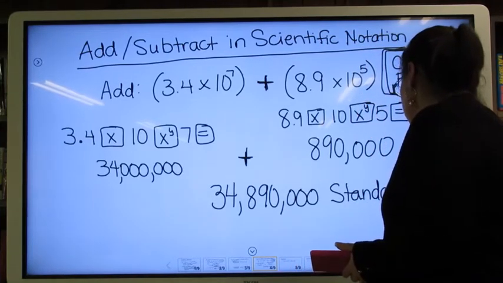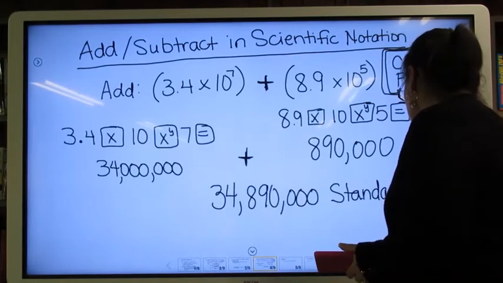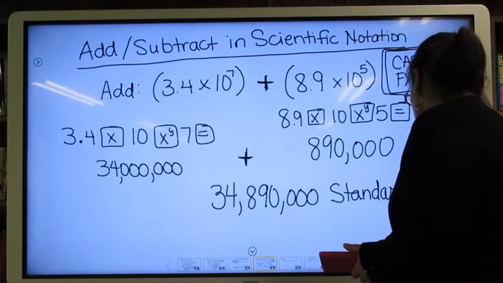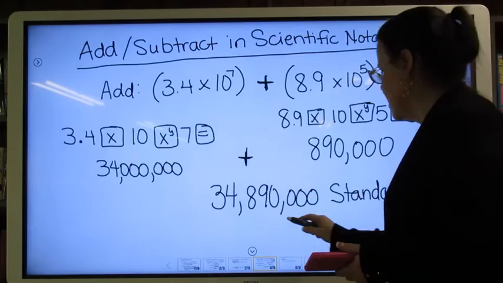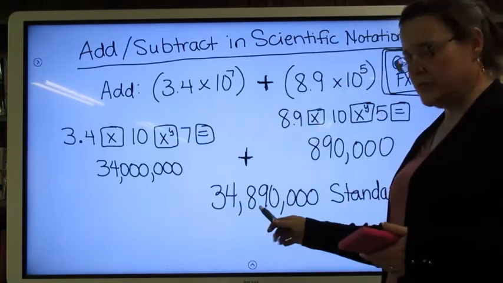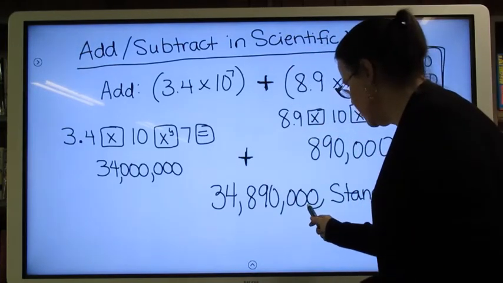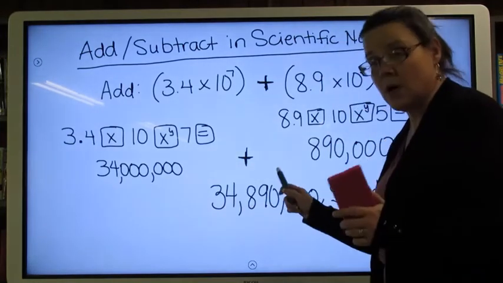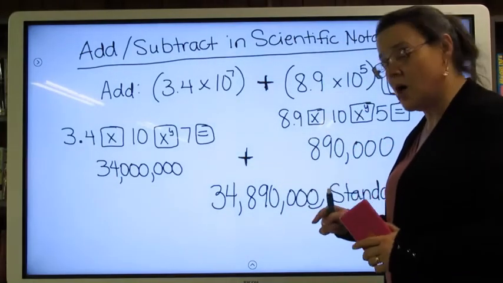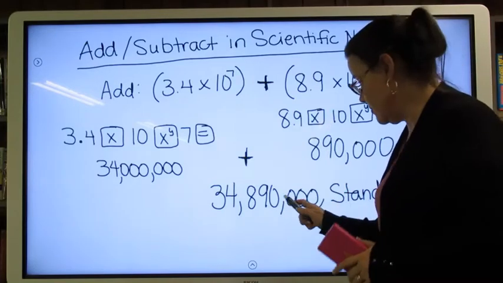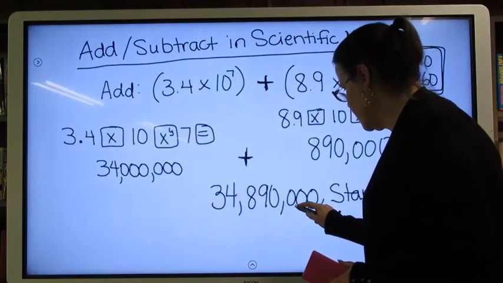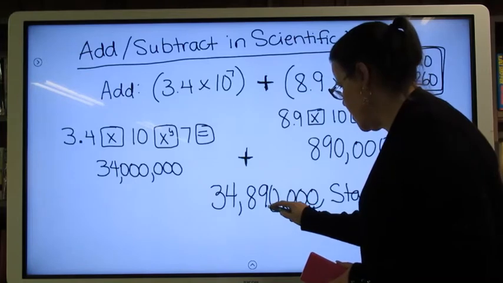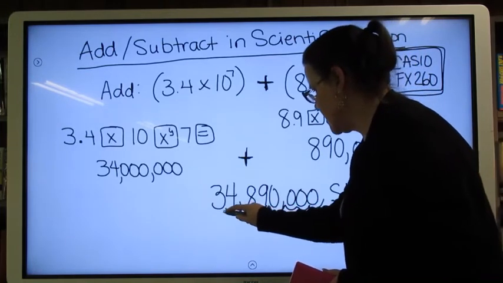But they may want the answer in scientific notation. So to make it scientific notation, you just move your decimal over however many places to make this number, what? Greater than 1, smaller than 10, less than 10, right? So we're going to go 1, 2, 3, 4, 5, 6, 7.